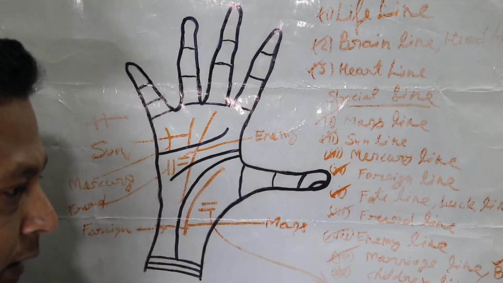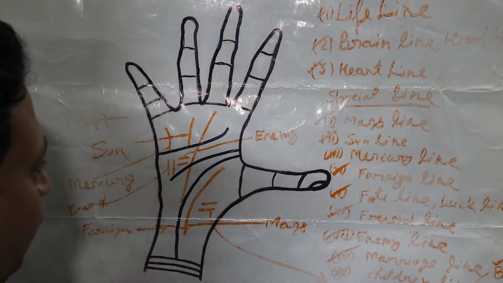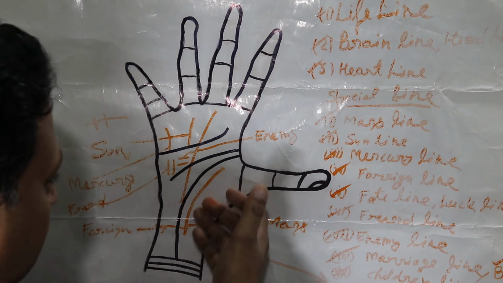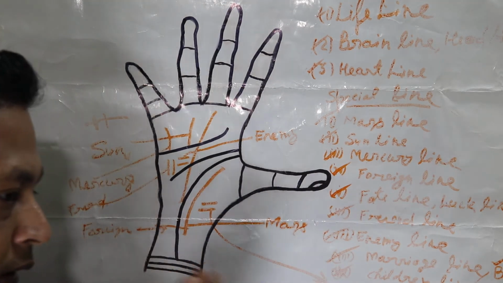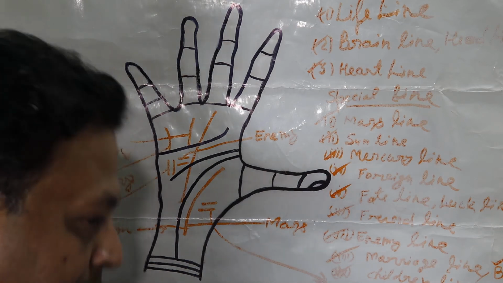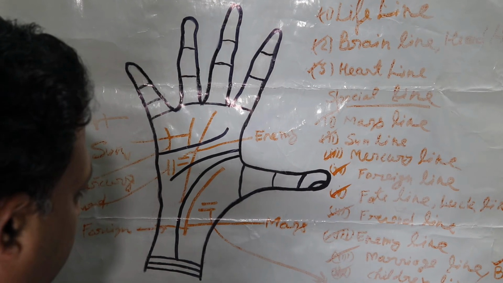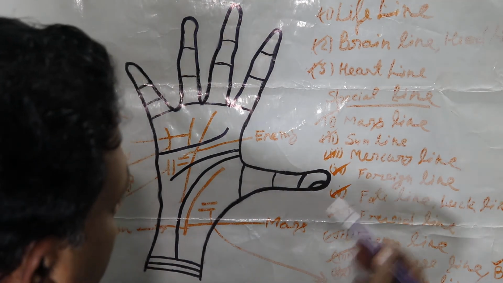If some accident happens with this type of person, then many people will be saved by the effect of this line. And if this type of person is on a journey, then many people will be saved by this effect. This is a God gift.